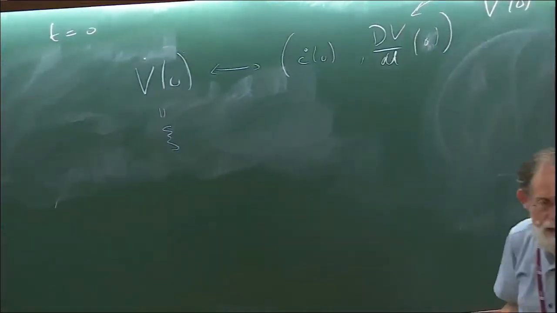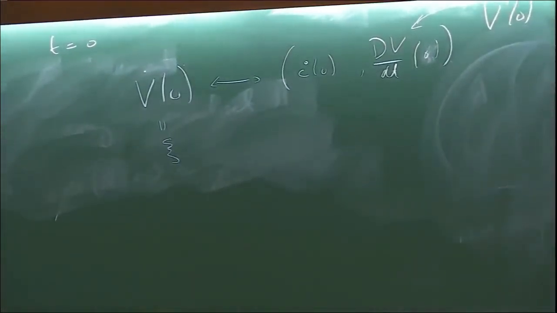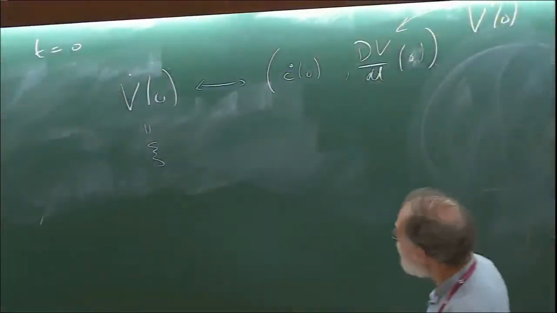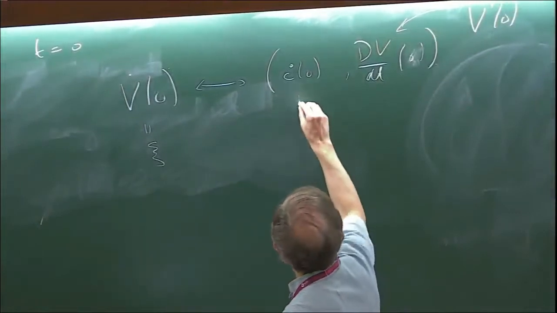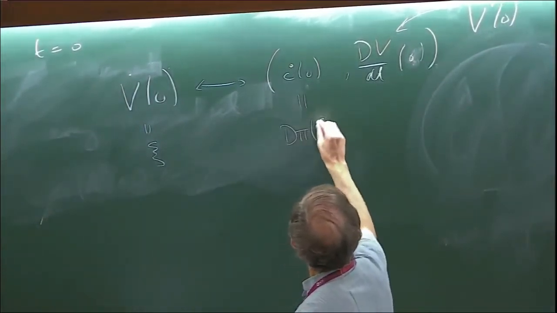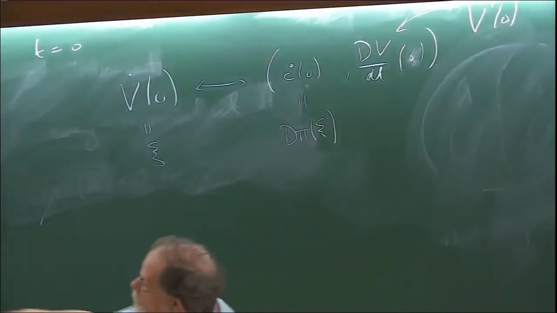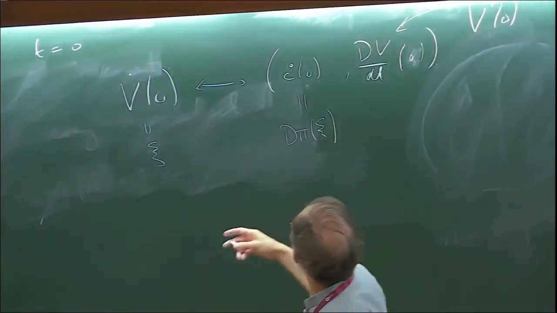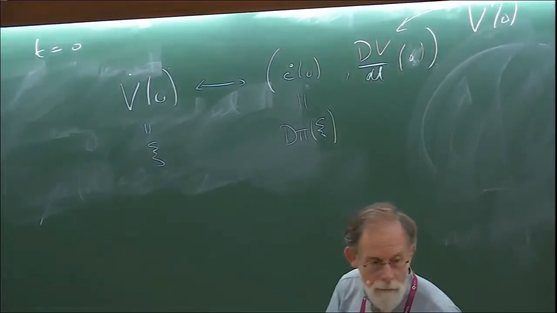I could use dash to denote covariant differentiation. Dot is just natural differentiation. This is using the connection. Okay, and then it's pretty easy to see that c dot of 0 is actually the derivative of the projection pi applied to the vector xi.